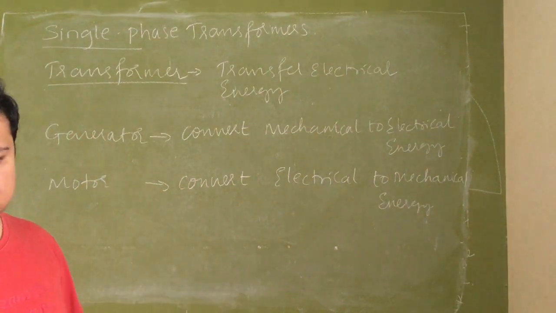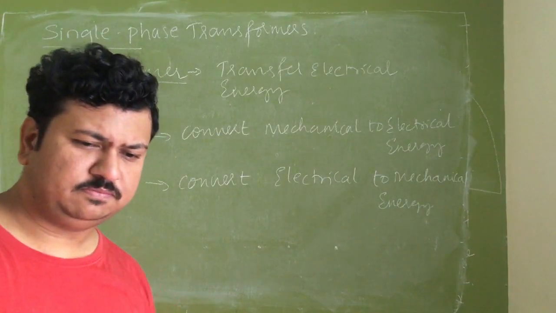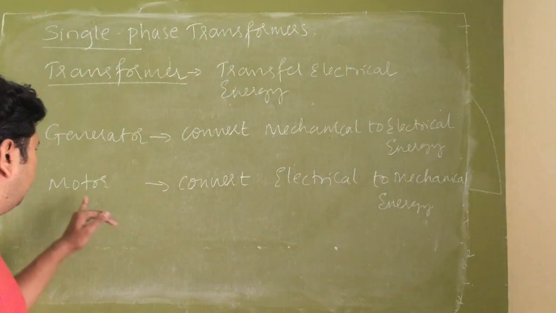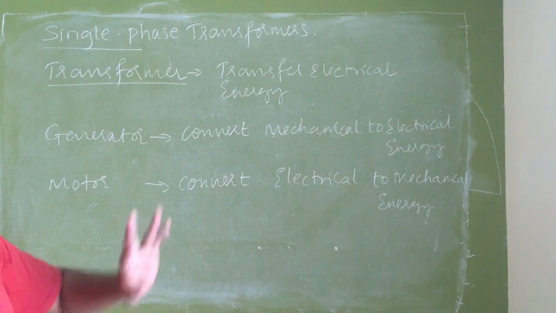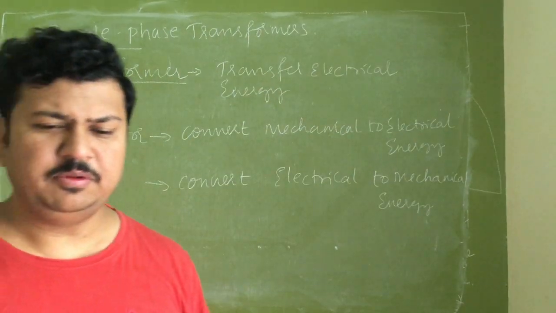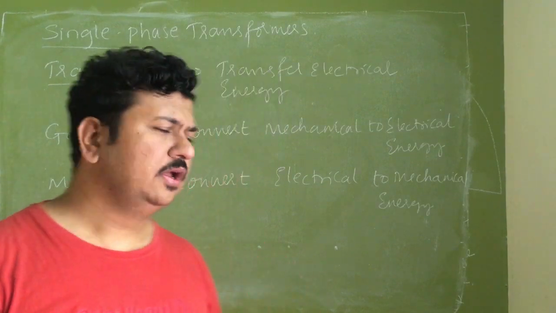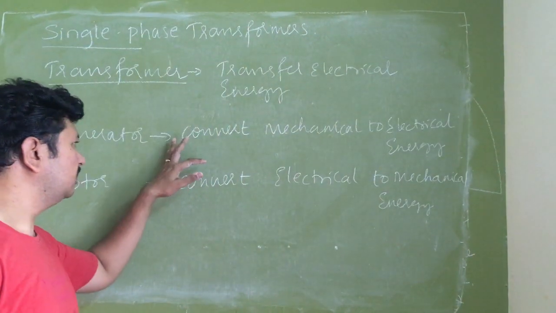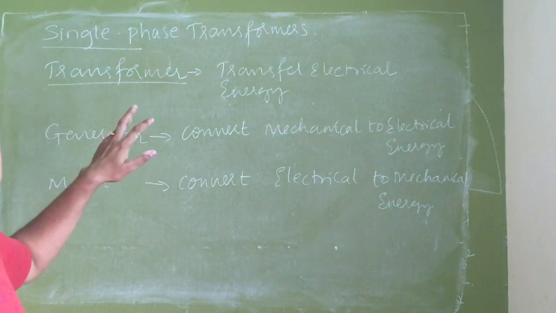You take any application of any motor, all motors convert electrical energy to mechanical energy. So if any mechanical work has to be done, then I will be using a motor. So these are the functions of the electrical machines.